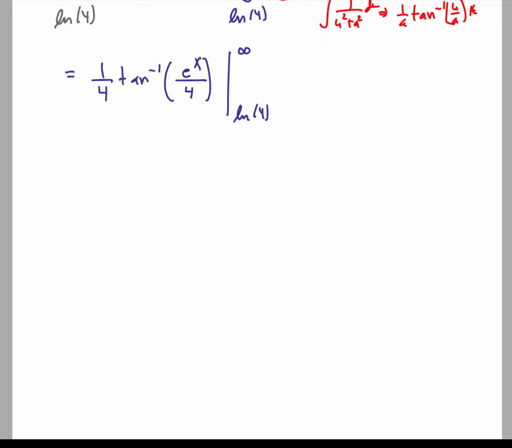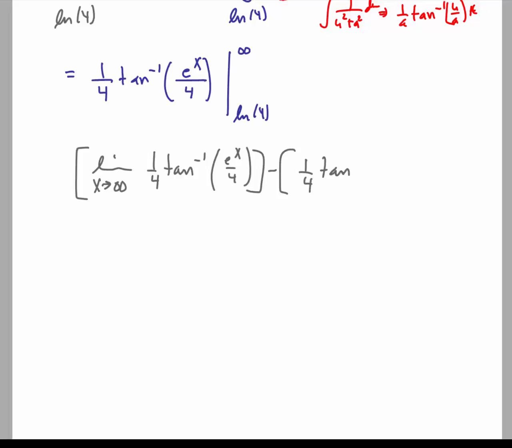That'll come in handy. Okay, so for my upper, I'll have the limit as x approaches infinity of 1/4 inverse tangent of e to the x over 4. There's my upper minus my lower, 1/4 inverse tangent of e to the x, where x in this case is the natural log of 4, all over 4.